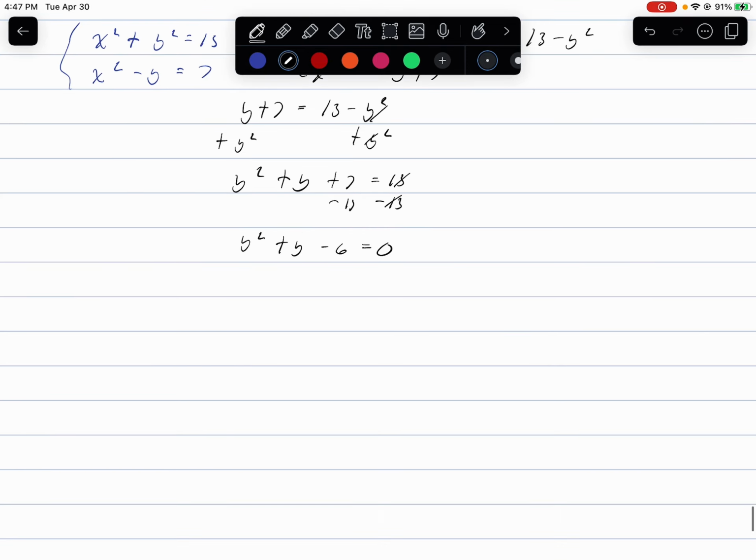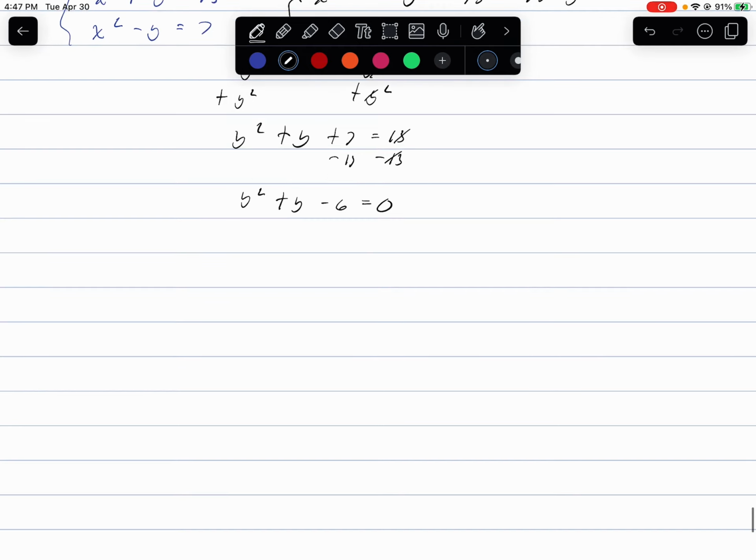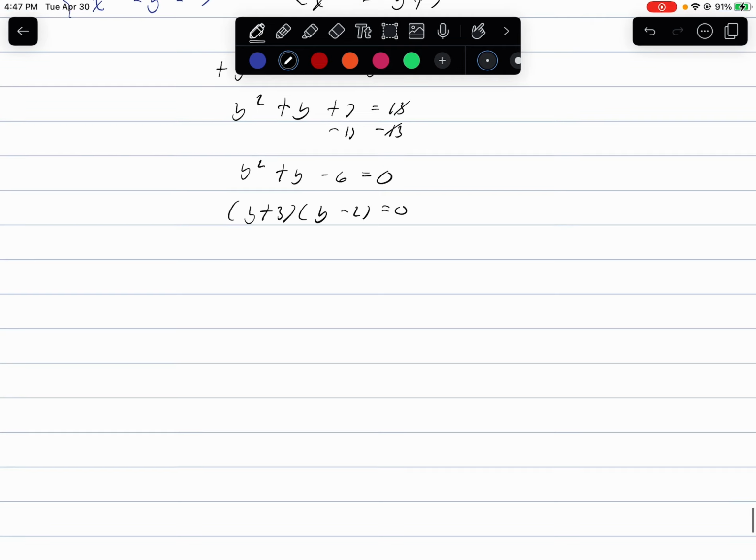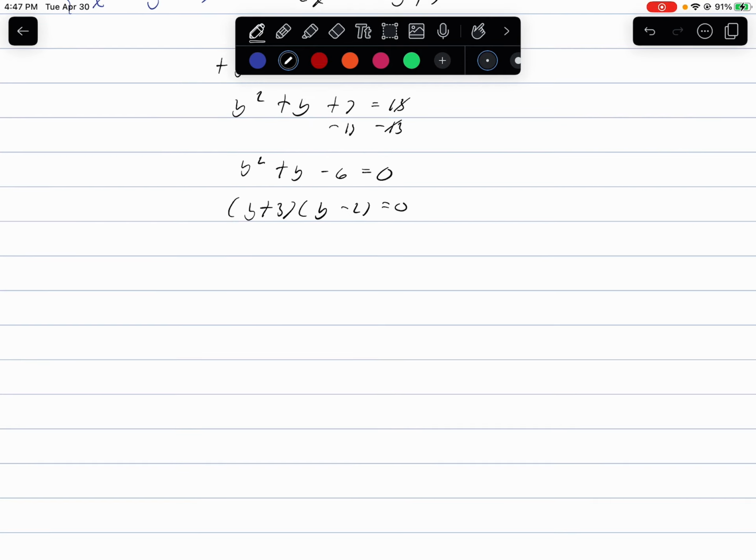So we need to find two numbers that multiply together to give us negative 6 and add together to give us 1. This is the same thing as y plus 3 times y minus 2 is equal to 0. Multiply y plus 3 and y minus 2 together, and that gives you your previous quadratic. Set this equal to 0, and that means our two y solutions are negative 3 and positive 2.